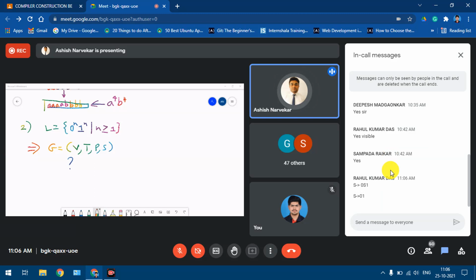S gives 0 S 1, S gives 0 1. Okay. Anyone else?